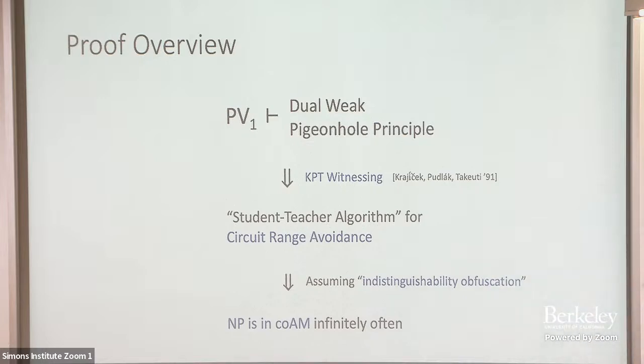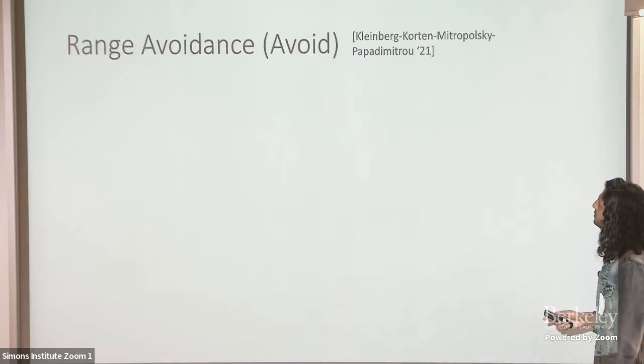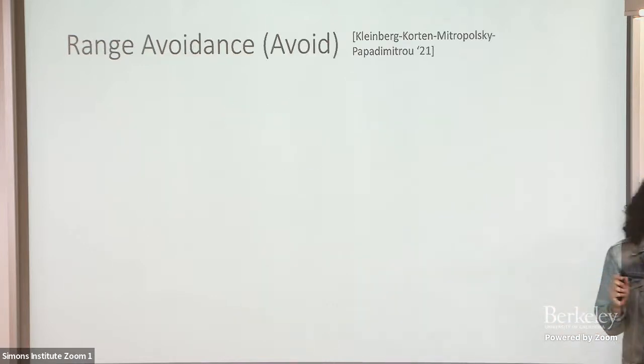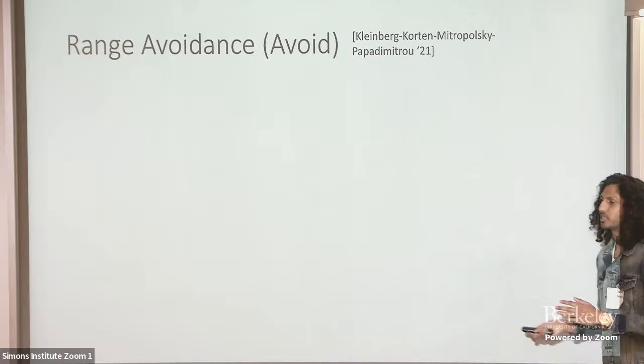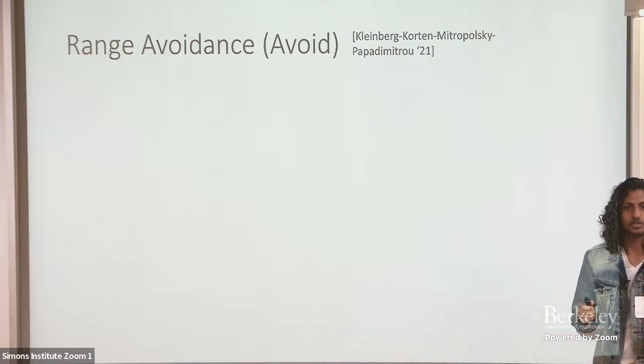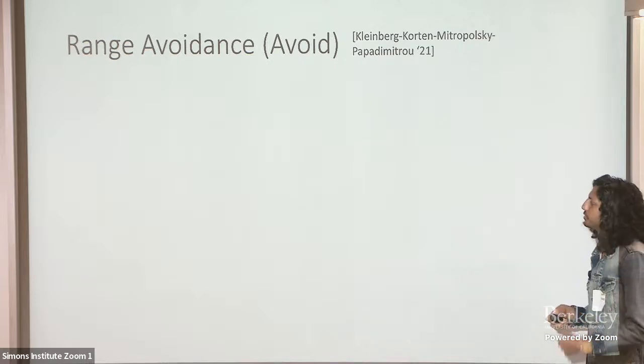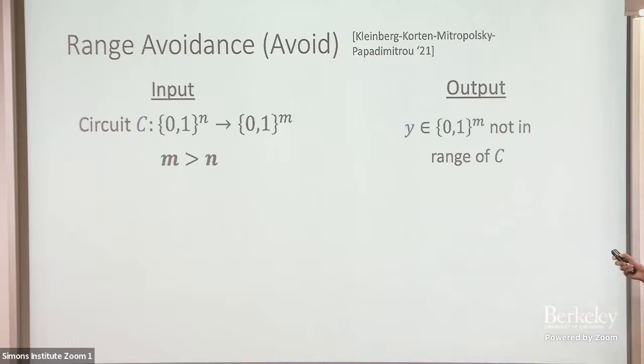Okay. So I mentioned this problem, circuit range avoidance. What exactly is this problem? I don't have time in my talk to cover all the literature on circuit range avoidance. It's a very nice problem with lots of interesting results, but let me tell you a little about what's known and what is relevant for our talk. This problem was defined by Kleinberg, Korten, Mitropolsky, and Papadimitriou.